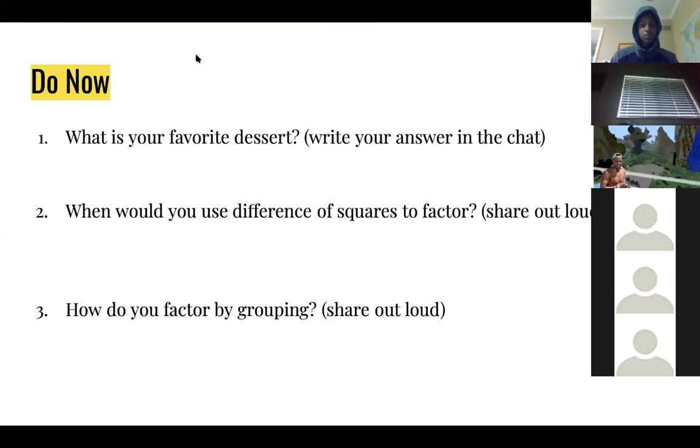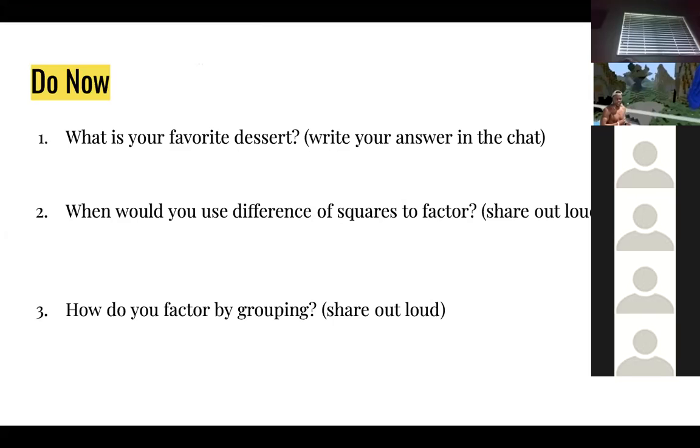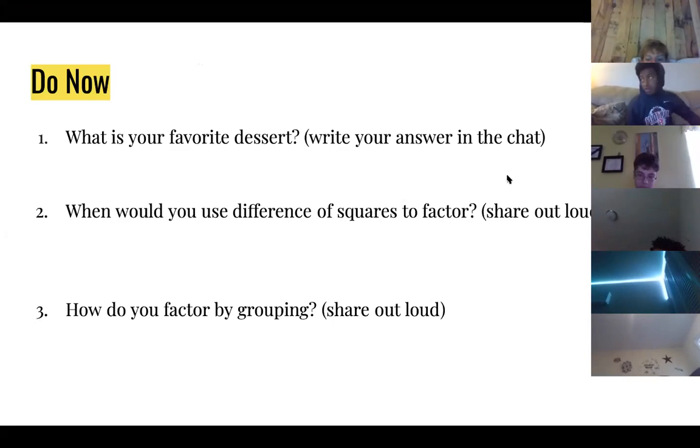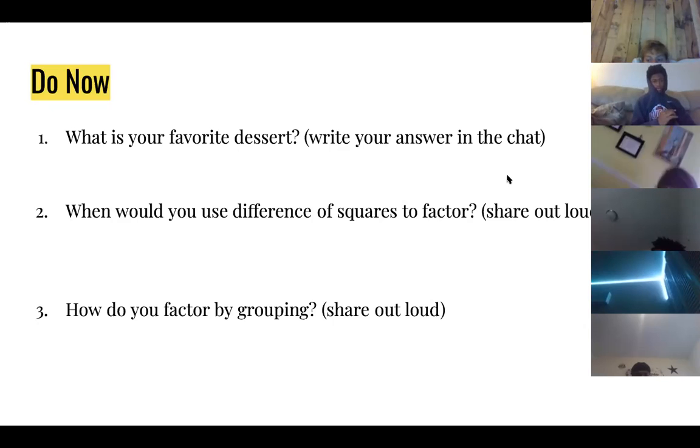All right, let's go with the first question. When would you use difference of squares to factor? What do you have for me, Jonathan? Difference of squares.